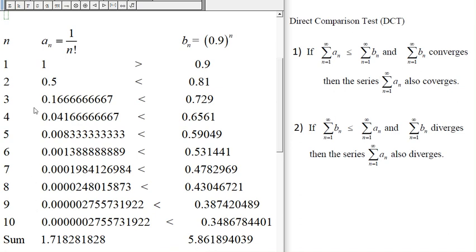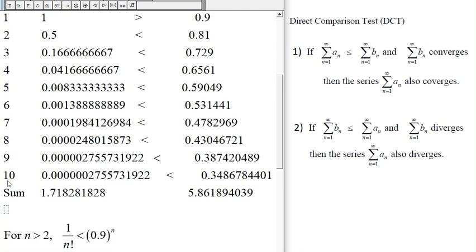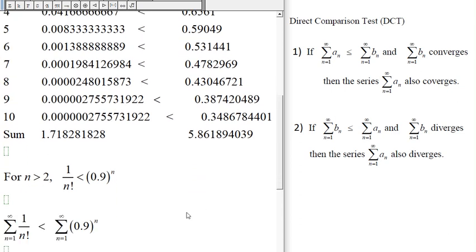So from term number 2 on, A sub n is less than B sub n. And therefore we can say that the series 1 over n factorial is less than the series 0.9 to the n.